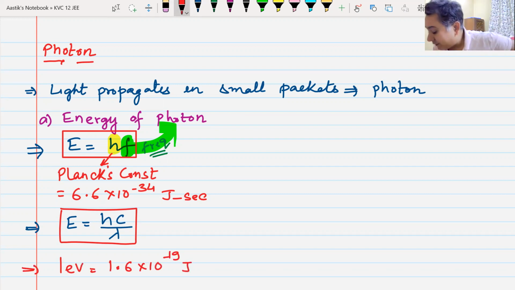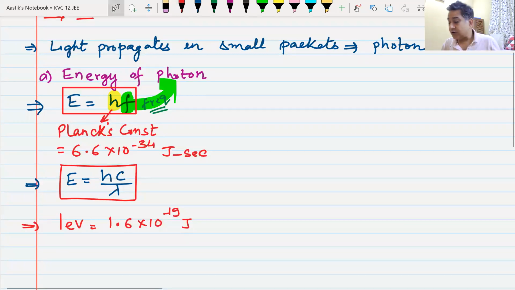So basically, when you find out energy from HC by lambda, you will always get the answer in joules. Then it becomes a very tedious calculation: 6.6 into 10 to the power minus 34 multiplied by 3 into 10 to the power 8. We have a shortcut for this, because most of the time we are going to find out the value of this energy in electron volts, because in this chapter, wherever you see energy, it will most probably be in electron volt.